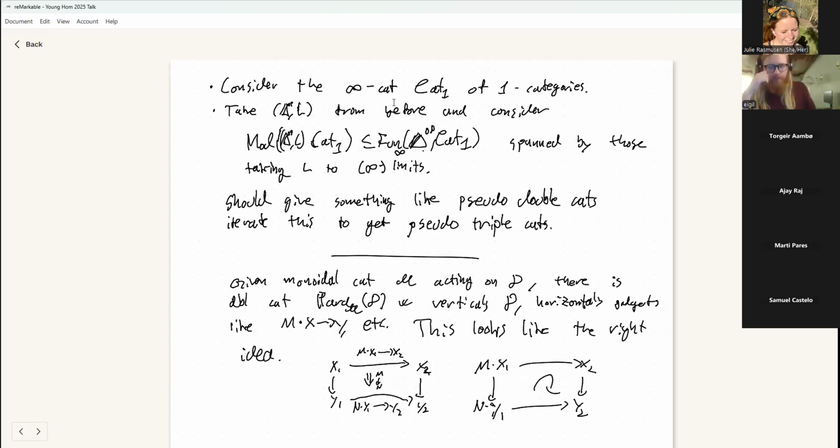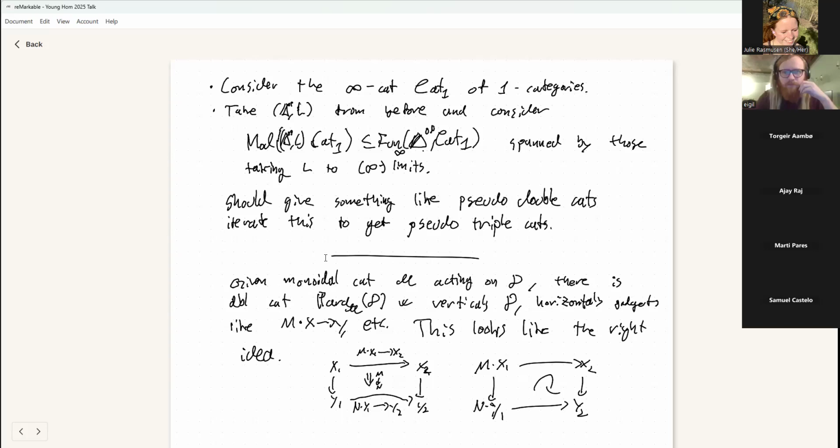So I take models that are simplicial categories where those diagrams from before go to homotopy limits, infinity limits. This should give me some notion of pseudo double categories. And if I do it again, I should get some notion of pseudo triple categories.